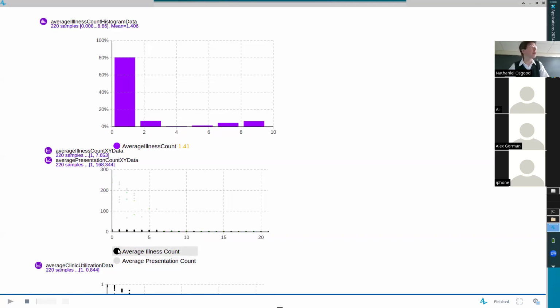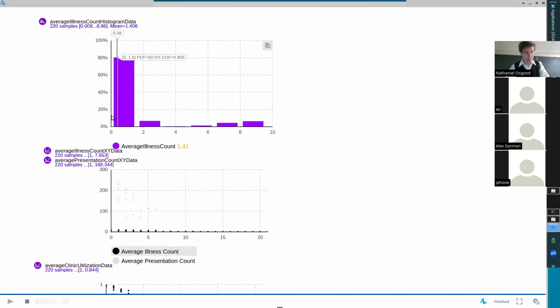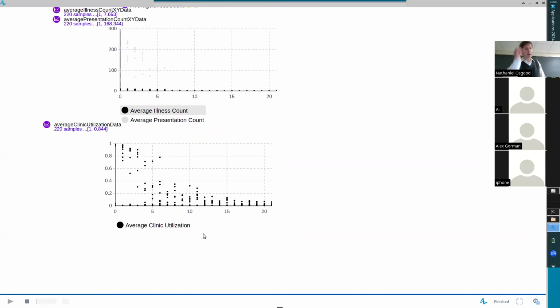Presentation count is hard because they realize they're infective and they go in for care sooner. The average illness count, well, there's a more textured story, it looks like. It's actually somewhat higher out here. We still have zero heavy. Clinic utilization, why is it lower if it's really long? They're not going to hit the clinic for longer, right? They're not going to realize they're infected for longer, so it's going to be a while till they go in for the clinic.